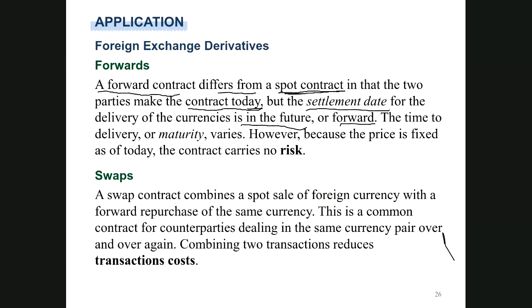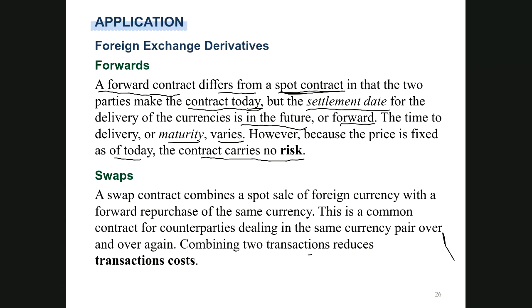The time to delivery or maturity varies. However, because the price is fixed as of today, the contract carries no risk. If the future exchange rate is the same as today's exchange rate, that means you avoid all the variability of the exchange rate.